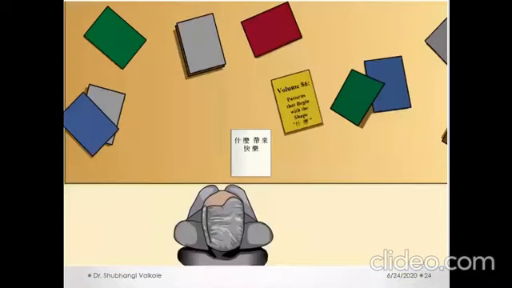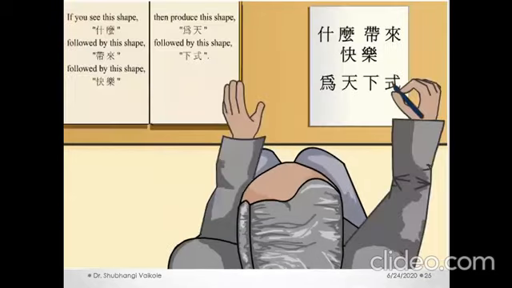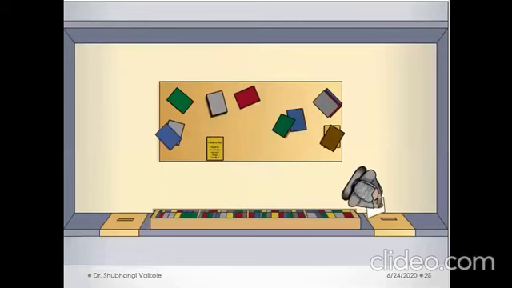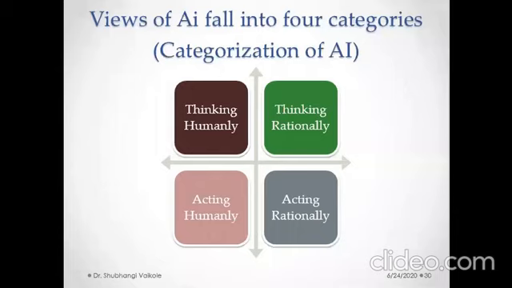The experiments are conducted where the interrogator asks various questions to the Turing test, where the Turing test fails. Sitting in the Combat Information Center aboard a warship is proposed as a real-life analog to the Chinese room. So we have seen the example of the system that acts like humans.